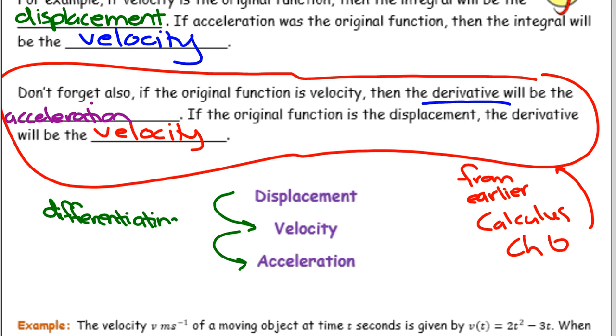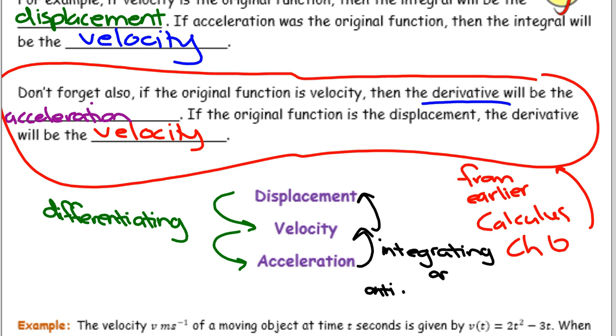And if I'm going the other way, what am I doing? Integrating. Yeah, integrating, or you can also call it anti-differentiating.